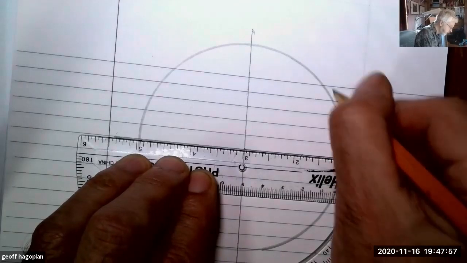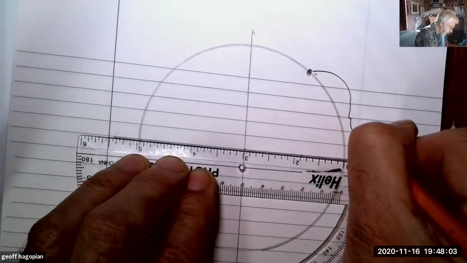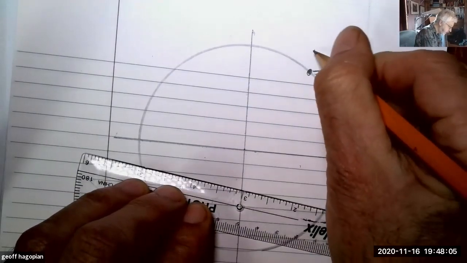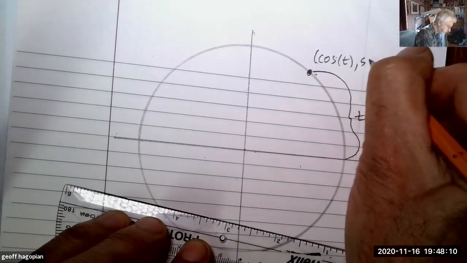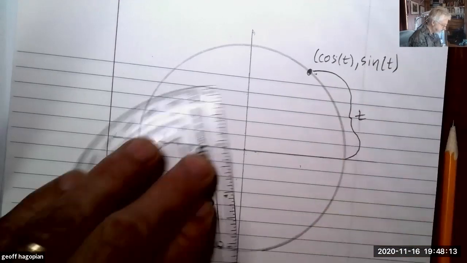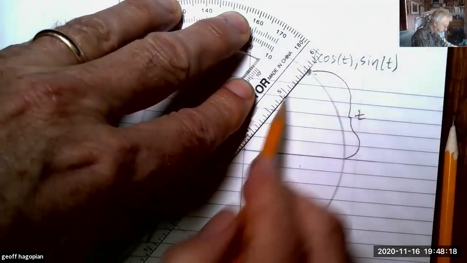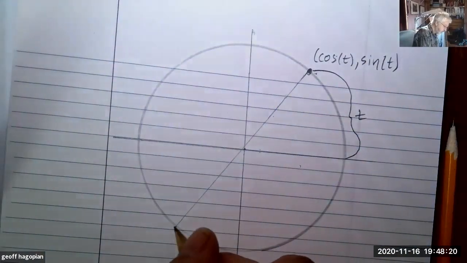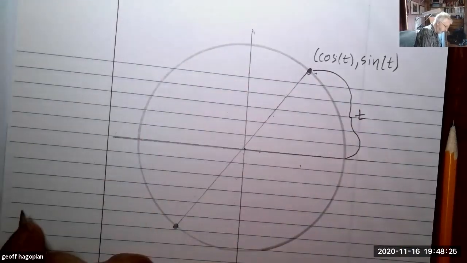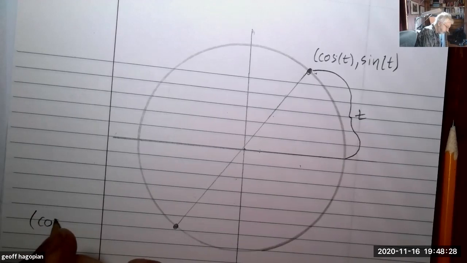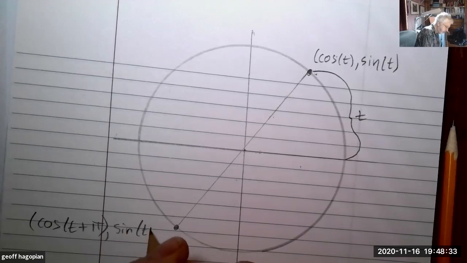So if we go out a distance t, so that this arc length here is t, then we end up at a point here, which is cosine t, sine t, right? And let's draw the line through the origin from that point. We can say here, this is the point where we've gone an additional distance pi, right? So this is the point with coordinates cosine of t plus pi, sine of t plus pi.